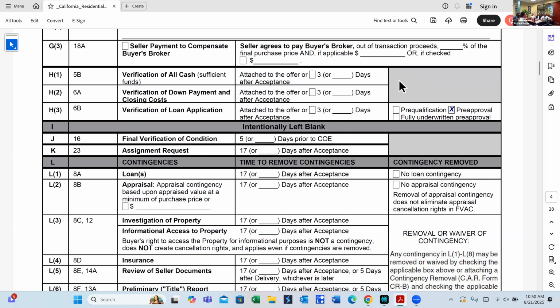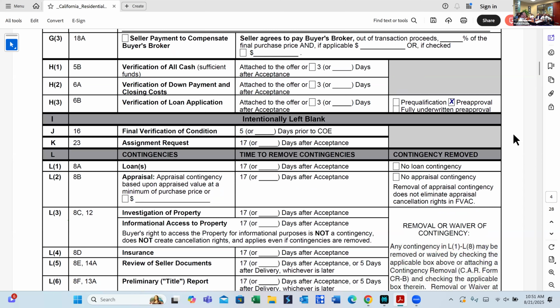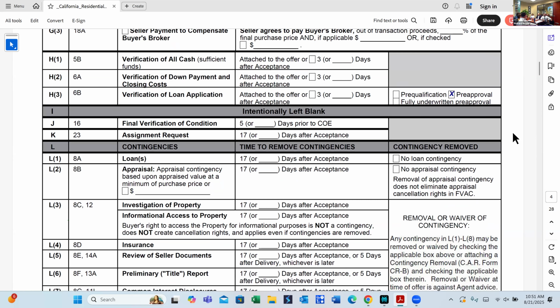Yes, exactly. And then also keep in mind, let's assume no one can afford property in Orange County anymore. And children are getting help from their families. That's very common. Now they may be getting a gift. And the parents are going to be required, let's assume it's parents, to provide 2 full months of bank statements.